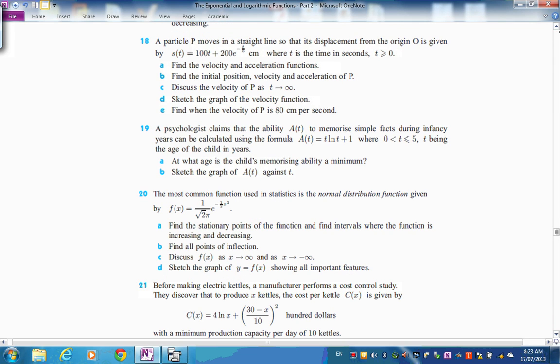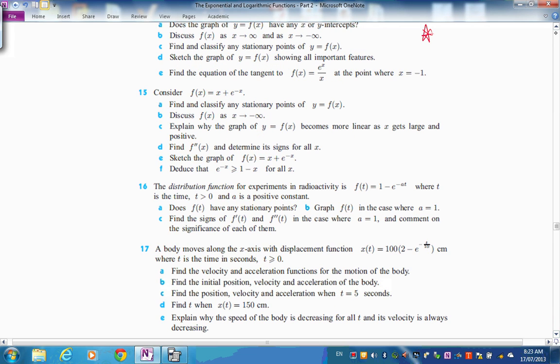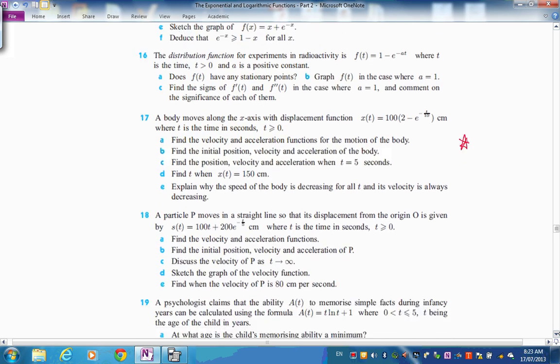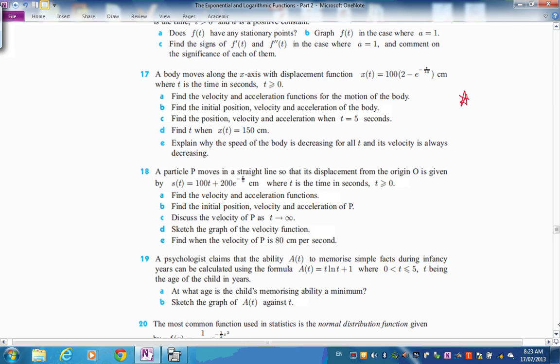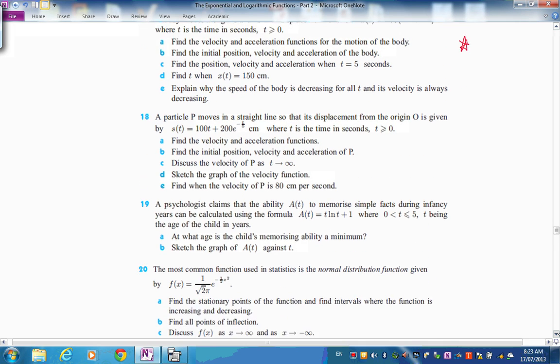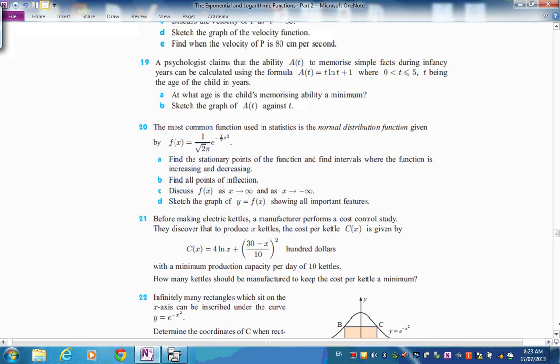Hang on, we'll just go back up there. 15 and 16. I think probably this is an interesting one, a limiting value function there. Question 18, could have a go at that one. 19, yeah, well 20 is quite a challenging problem.